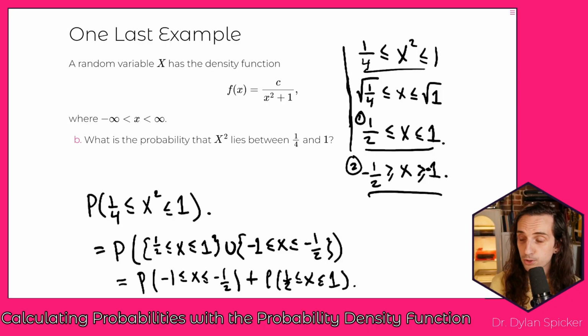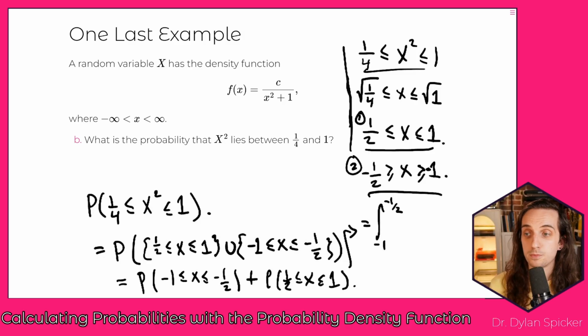Okay. And then through these two probabilities, both of those can be written out using our integrals, right? And so that's going to give us the integral from negative 1 up to negative 1/2. And then our PDF here, remember that c is 1 divided by pi.